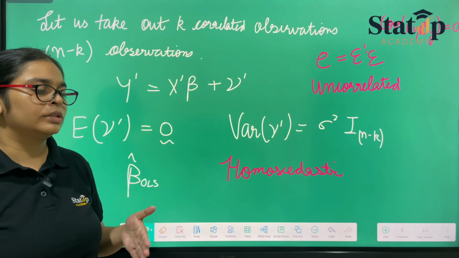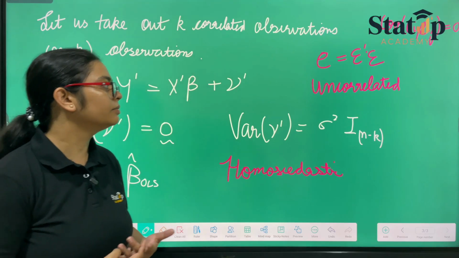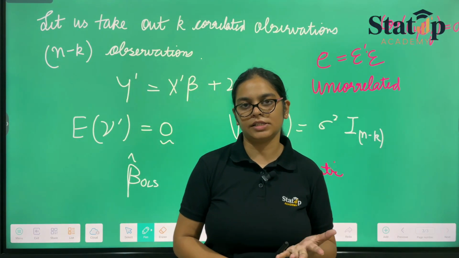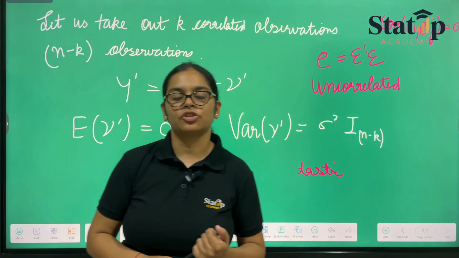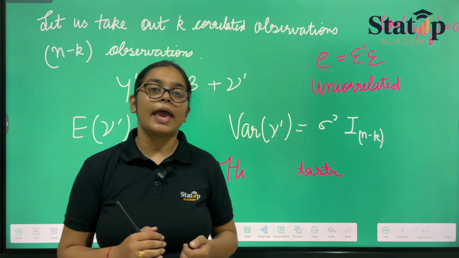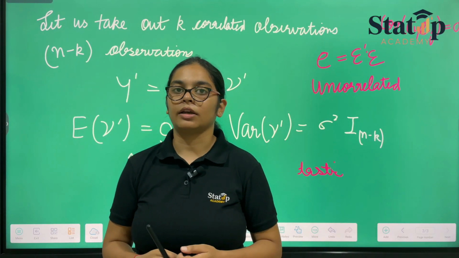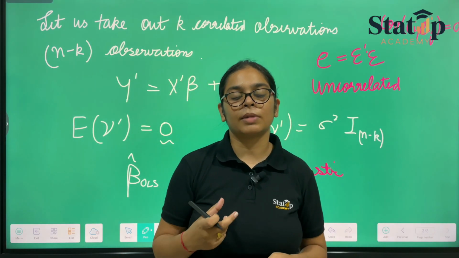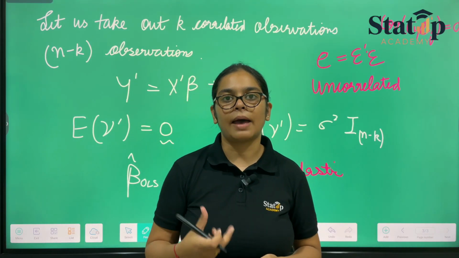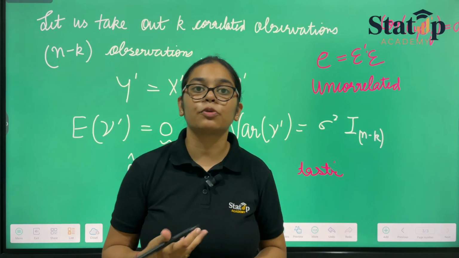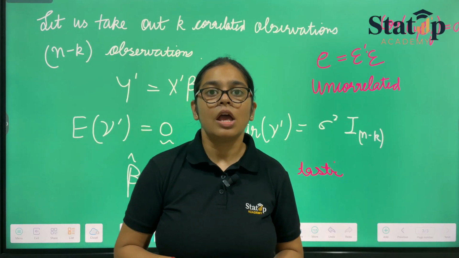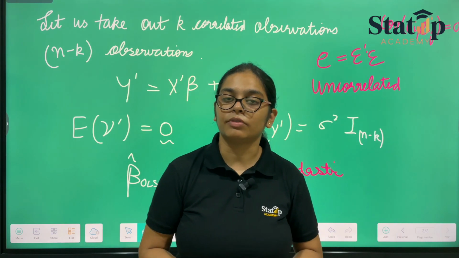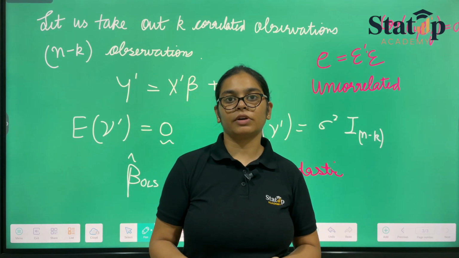But this procedure can be used differently. It has limitations as well as advantages. The limitation of this process is that only n minus k observations are taken, not the whole model. So k observations are ignored, and this may be very difficult for a sample which is very small in number. Suppose we have a sample of 10, and we take out 9 observations and are only left with 1, because 9 observations were correlated.